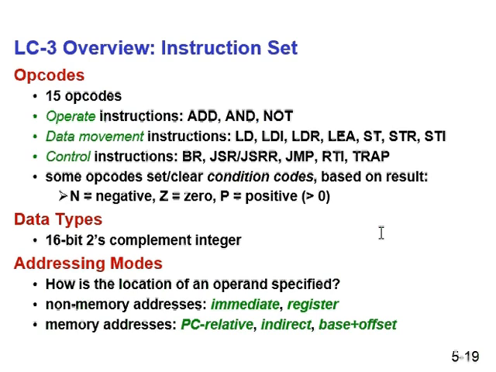Of course, we have 15 opcodes for operate instructions, data movement instructions, and control instructions, with the data type 16-bit two's complement integer. If you want to set a location, when you write a value or an operand in an instruction, we have to define it. So how can we evaluate? At that time we have to use the addressing modes.